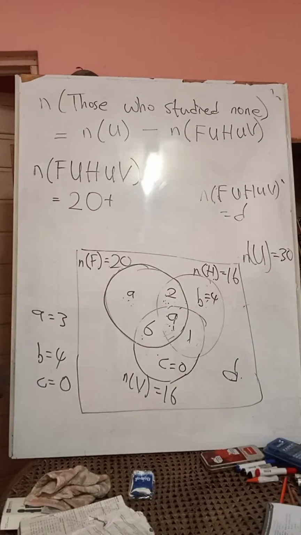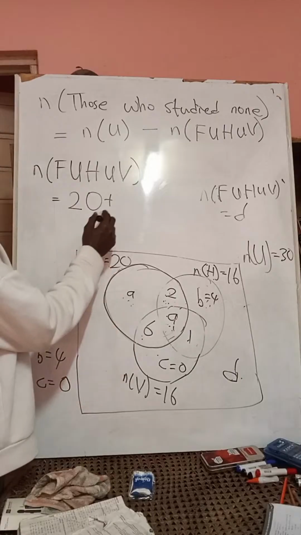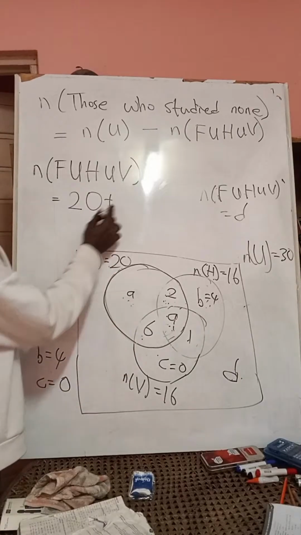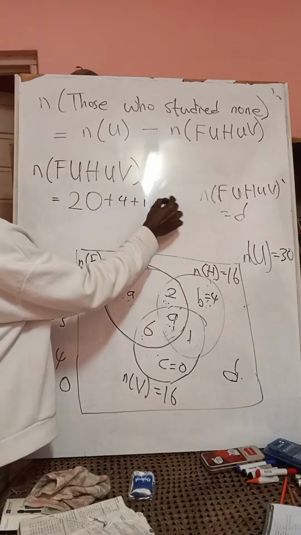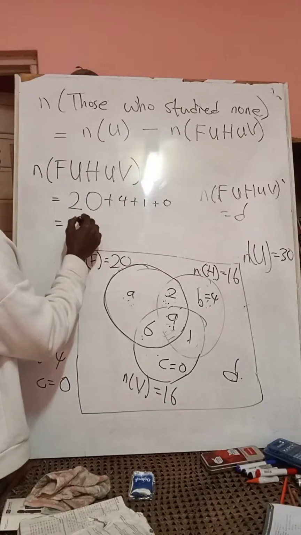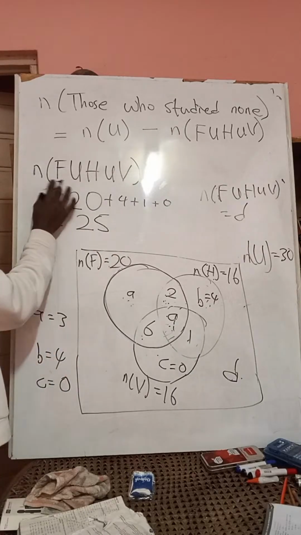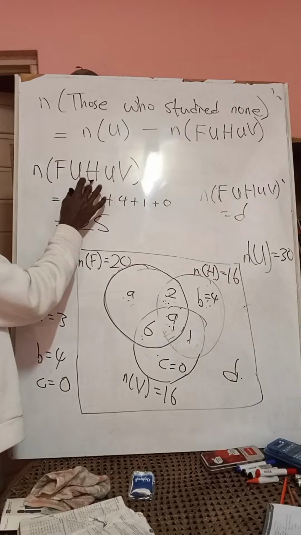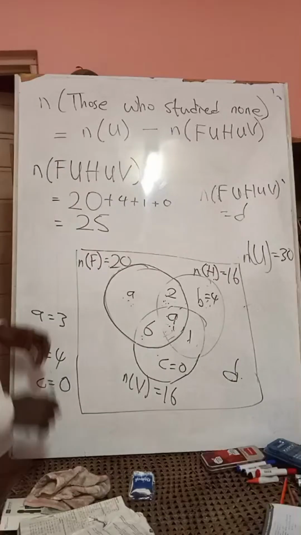So it means that we'll be having 4 plus 1 plus 0, right? So here is going to be 4 plus 1 plus 0, to which we are going to get what? 25. So it means that we've gotten the number of those who study F union H union V to be 25. After getting this one will be simple.